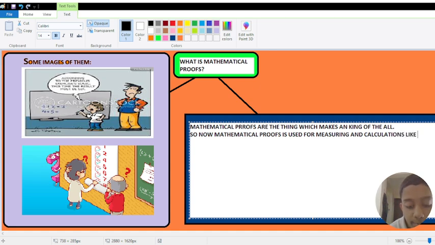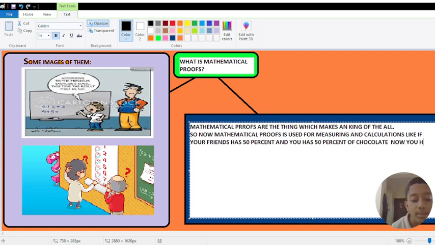Like, I'm giving a question: if your friend has 50% and you have 50% of a chocolate, you have to do that calculation by better calculation.